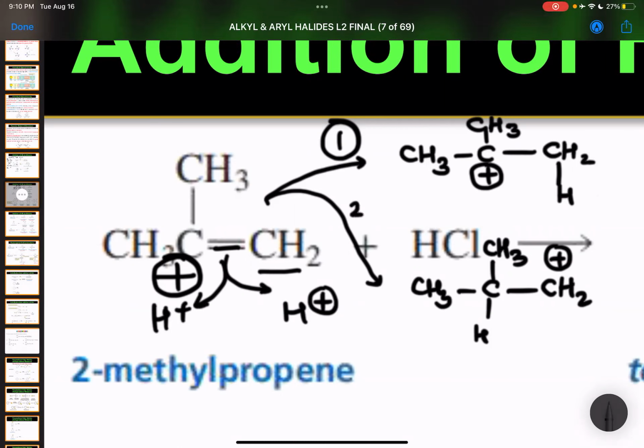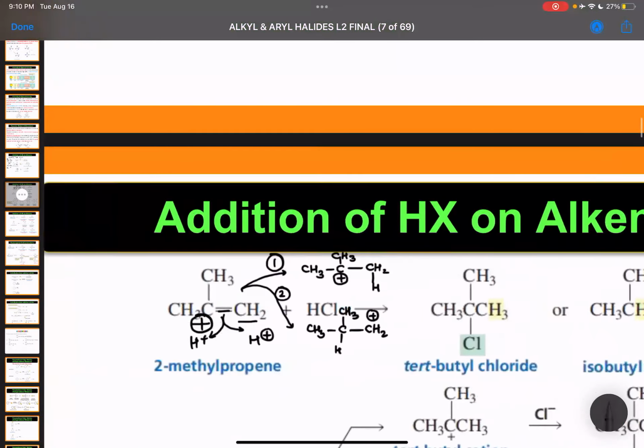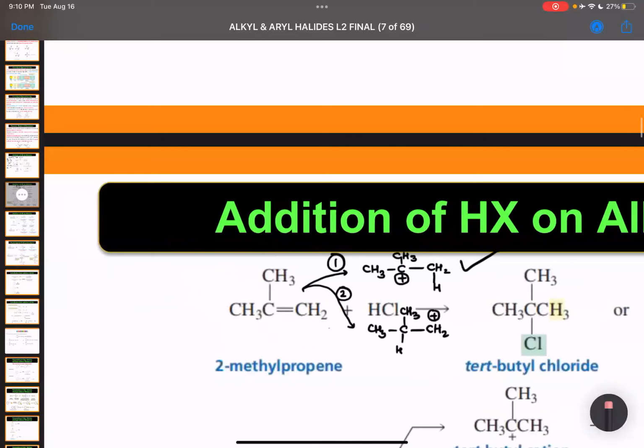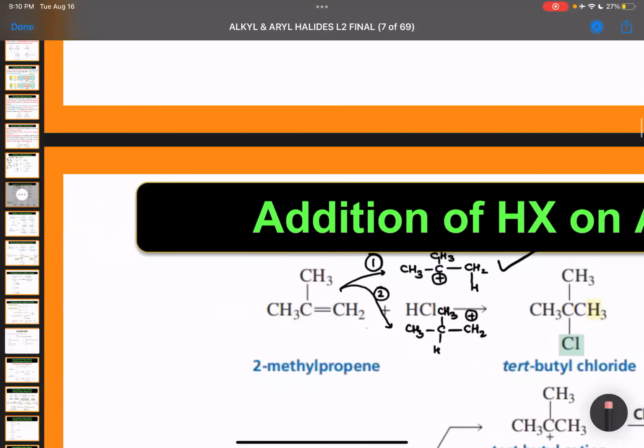This is the second case. So as you told me, correct, we need to do the first case. What is this rule known as? What is this type of addition known as? Anti-Markovnikov rule. No, this is Markovnikov. Normal. Rich gets richer is Markovnikov.